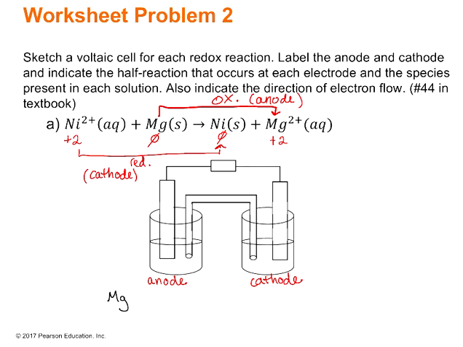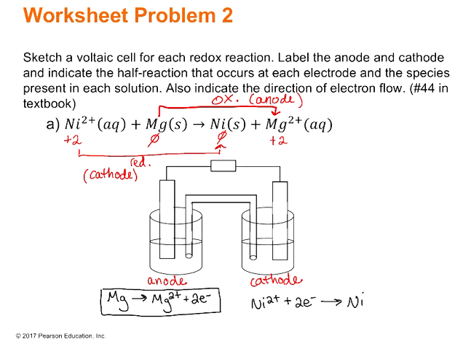So magnesium is losing electrons to become magnesium 2+. And then at the cathode, we have our reduction half reaction. So nickel ions are gaining electrons to become pure nickel. And I'm just leaving out the states because they take up a lot of room.